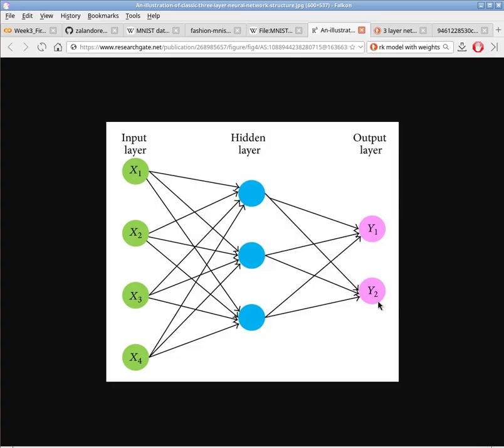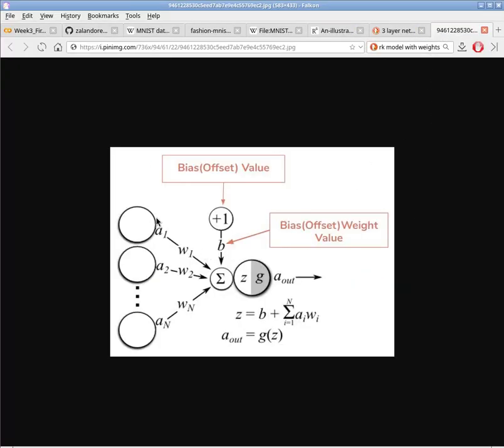The output neurons, well, it's the same story. Each output neuron looks just like this. It's got 128 inputs from the middle layer, plus a bias, goes through some function, and then the output comes out.